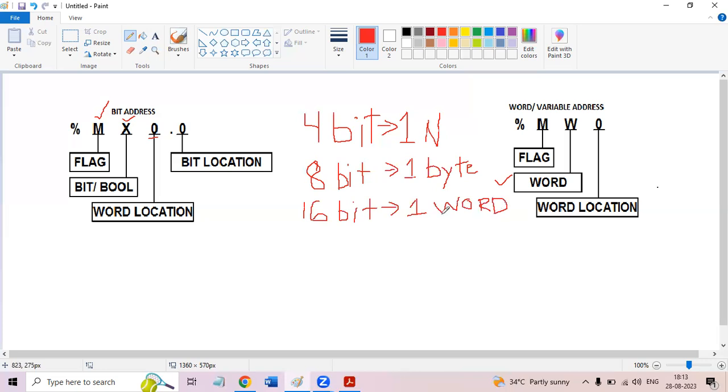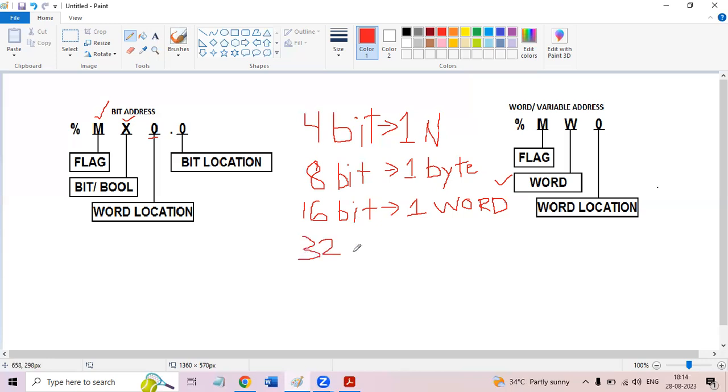You have written half word for byte, I think. That is half word. We should not get confused; we just have to see in terms of bits only. When 4 bits combined, 1 nibble; 8 bits combined, 1 byte; 16 bits combined, 1 word.